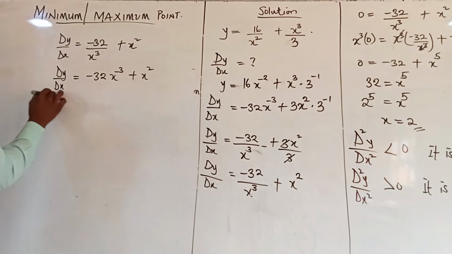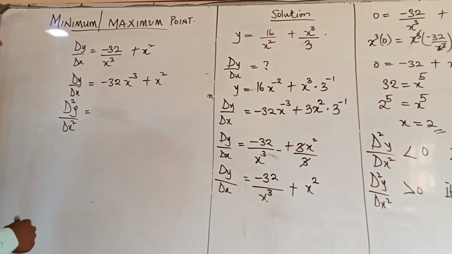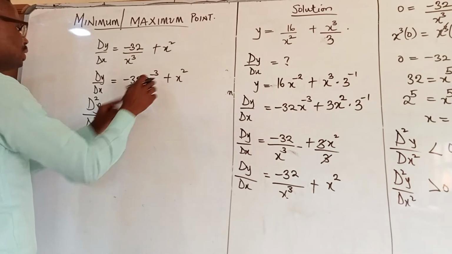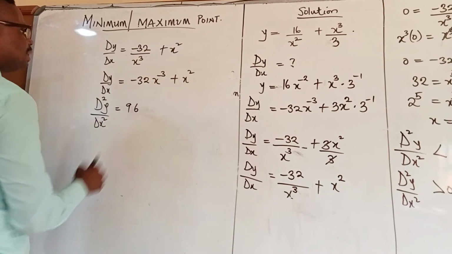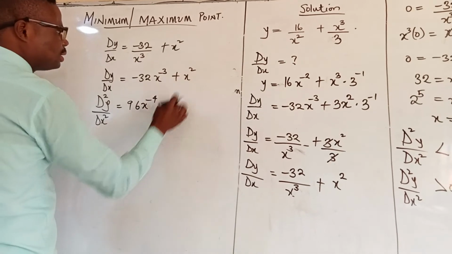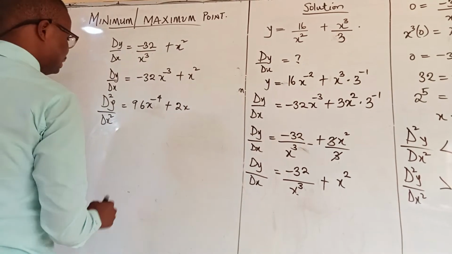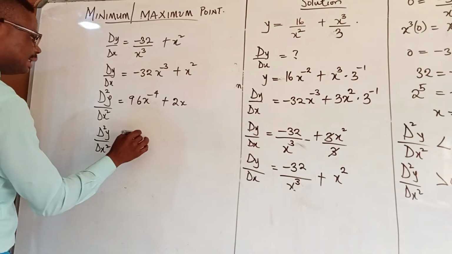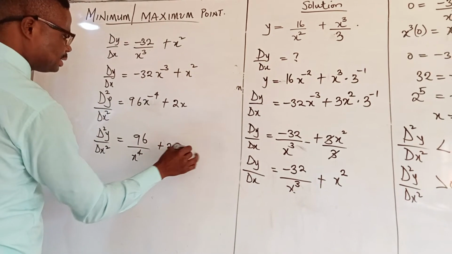So let's differentiate it again, that's d squared y over dx squared. That gives minus 3 multiplied by minus 32, which gives plus 96 x. Take 1 away from the power, it becomes minus 4, plus 2 times 1, 2x. Take 1 away from the power, x. So this is the same thing as 96 over x raised to the power 4 plus 2x.